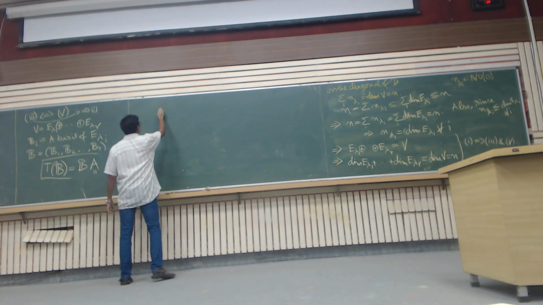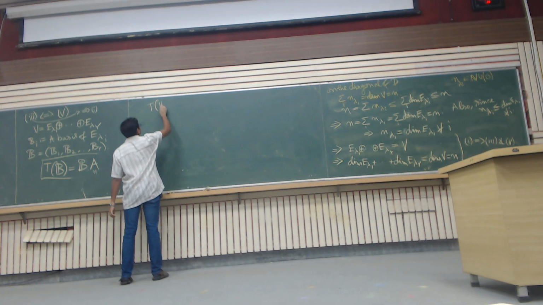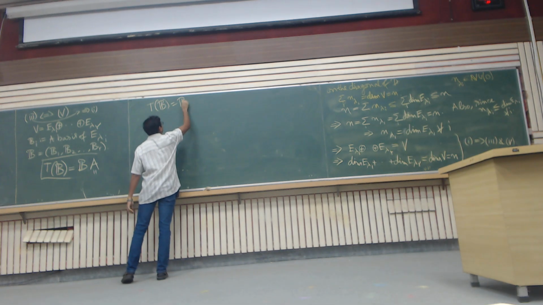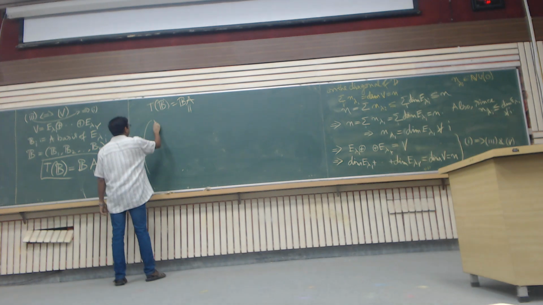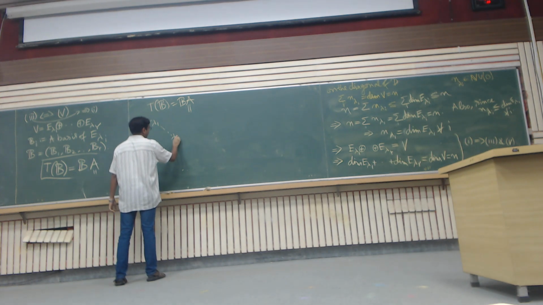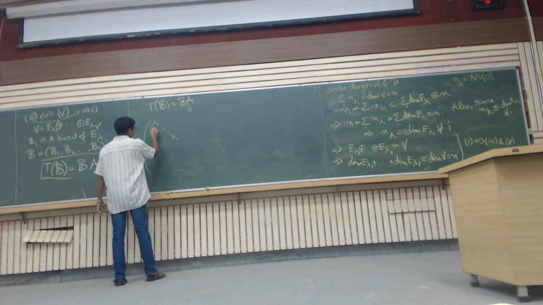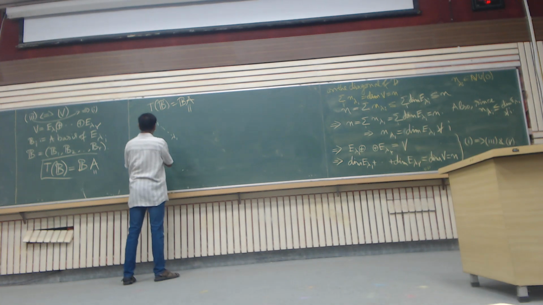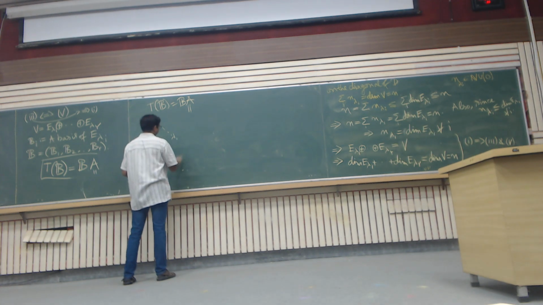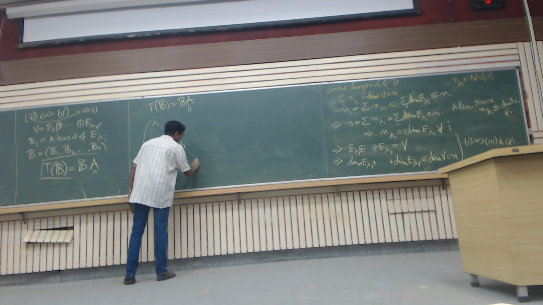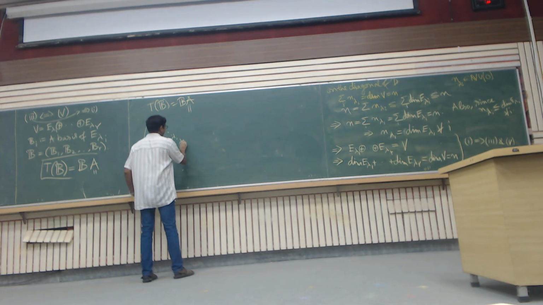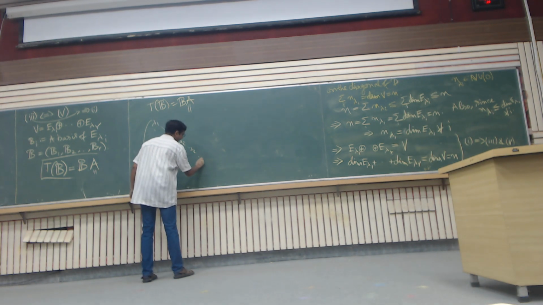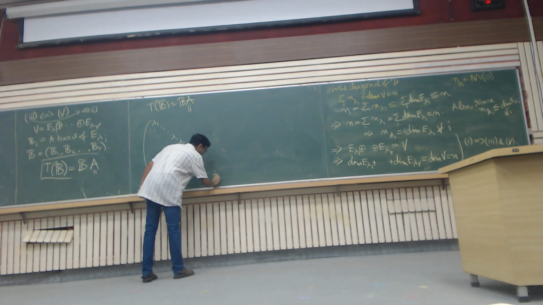Alright, so TB equal to BA, where this A is of this form: lambda 1 dot dot dot lambda 1, and lambda 2 dot dot dot lambda 2, and so on up to lambda r dot dot dot lambda r.